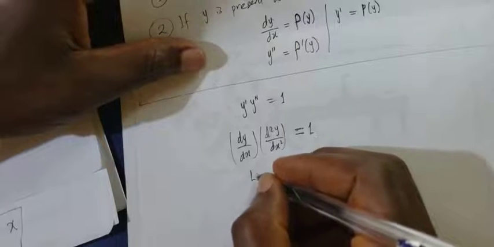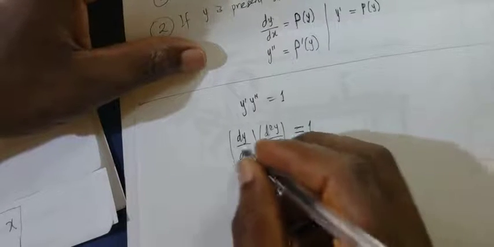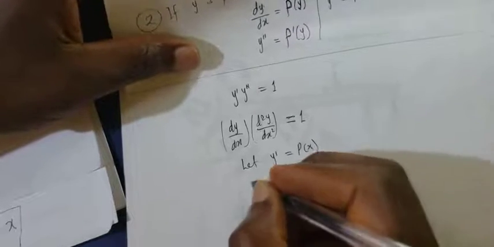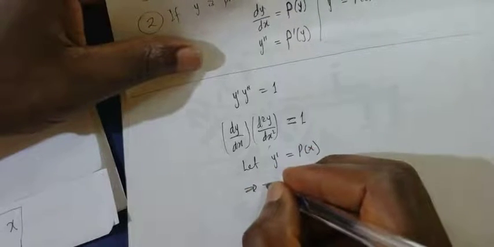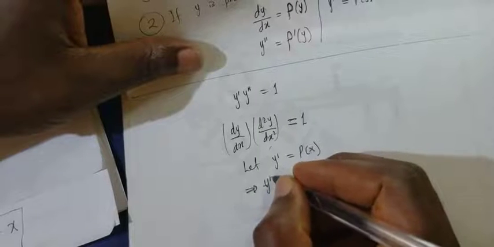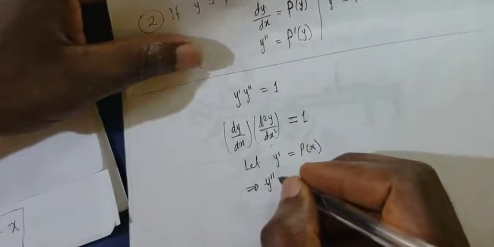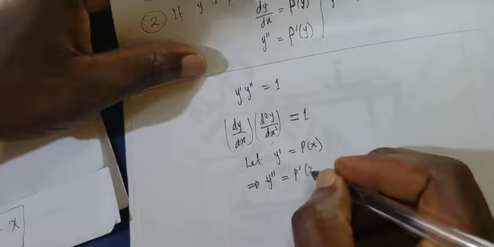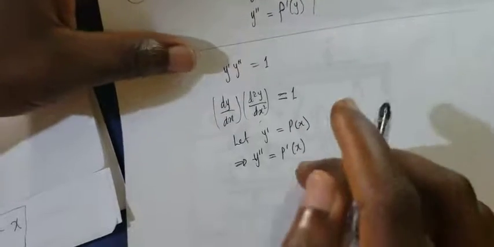That means we say let y prime, which is dy/dx, be equal to some function p of x. If that is the case, when we differentiate this again, we're going to have y double prime, that is the second derivative of y with respect to x, equal to the first derivative of p with respect to x, so equal to p prime, or say dp/dx.